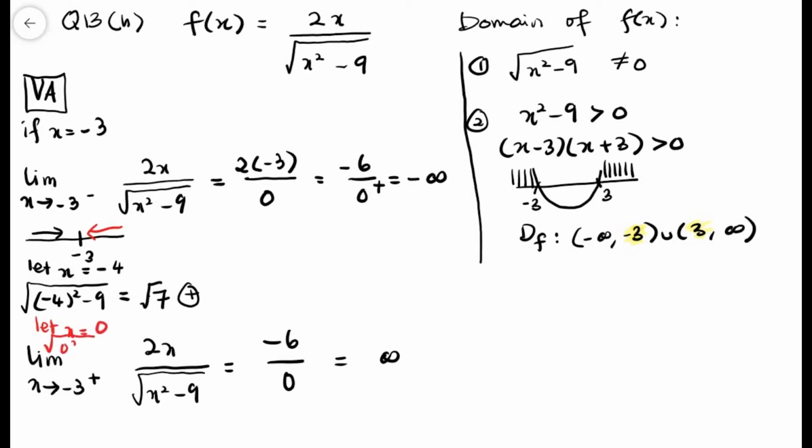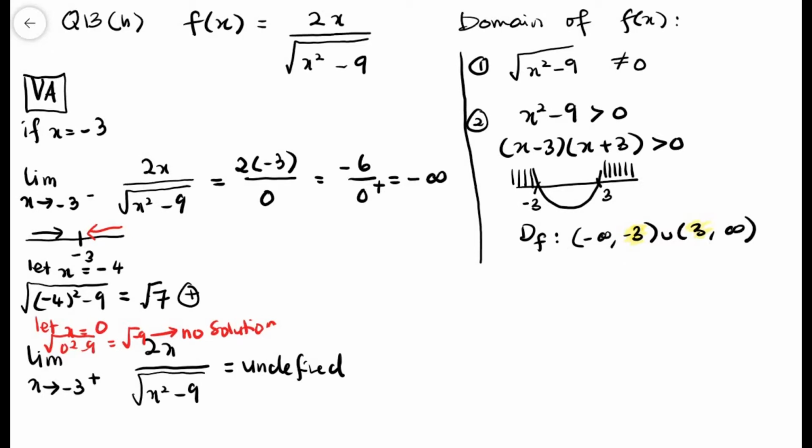So the square root of 0 squared minus 9, you get the square root of negative 9, which has no solution. When there is no solution, you cannot write it down like that, so you just write undefined.